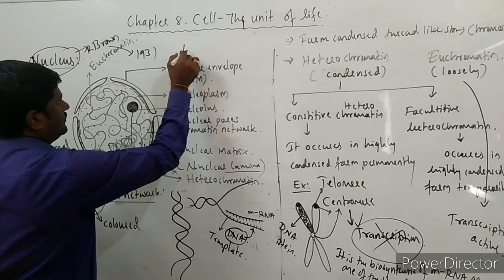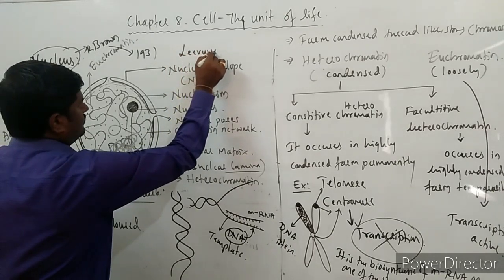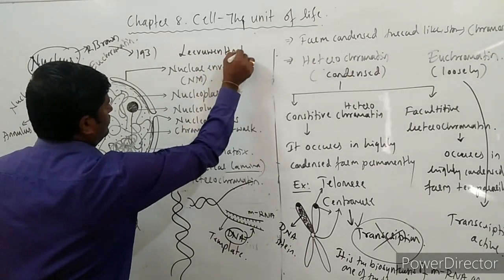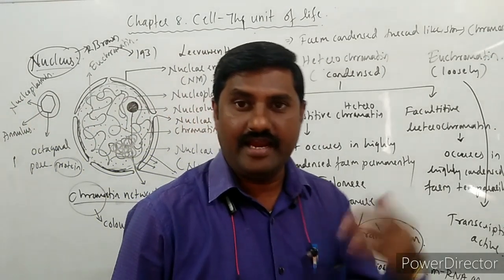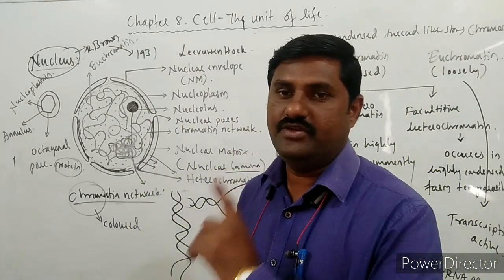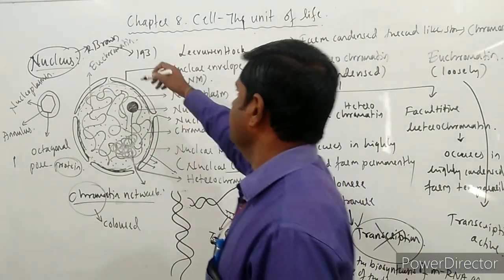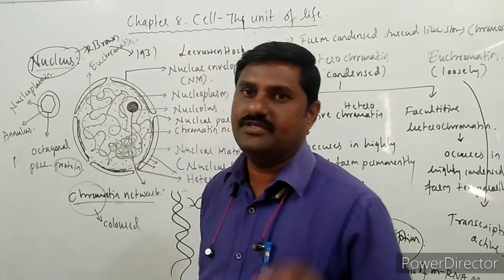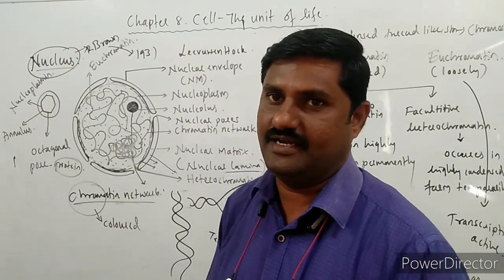Basically it was discovered by Leeuwenhoek first, and later the explanation regarding this nucleus was completely given by Robert Brown. Hence he became the discoverer of this nucleus ultimately.